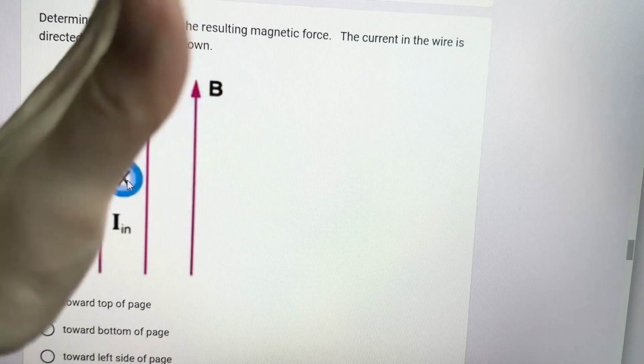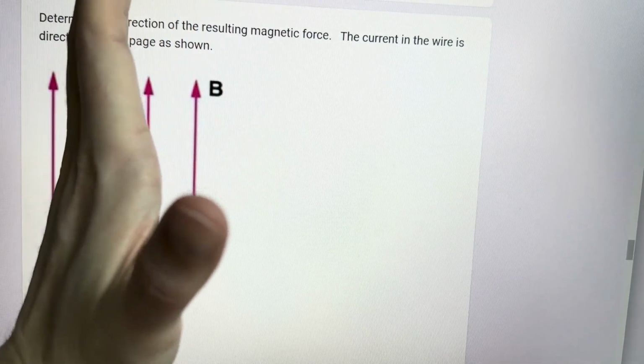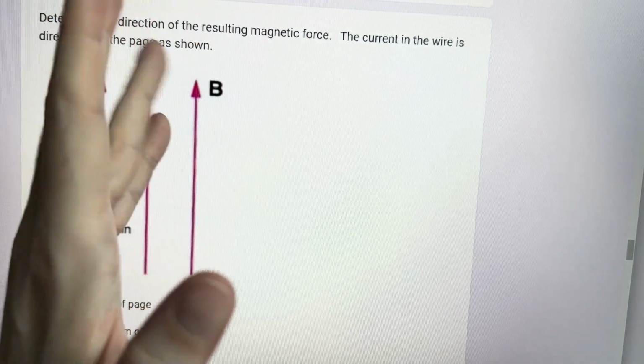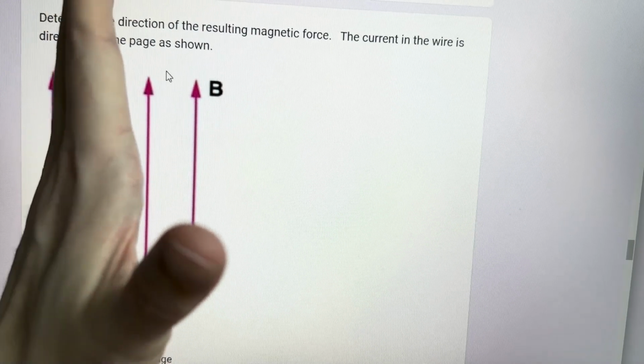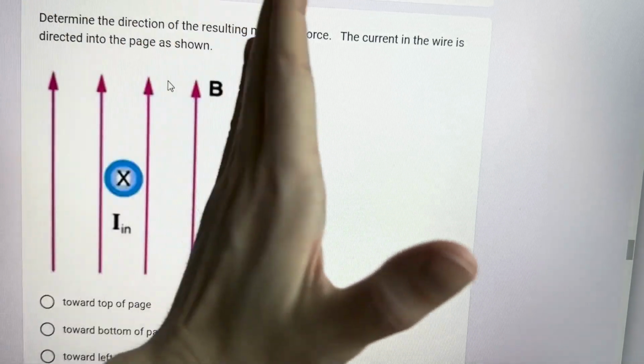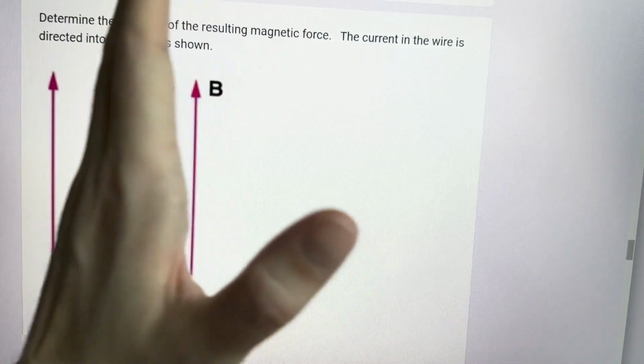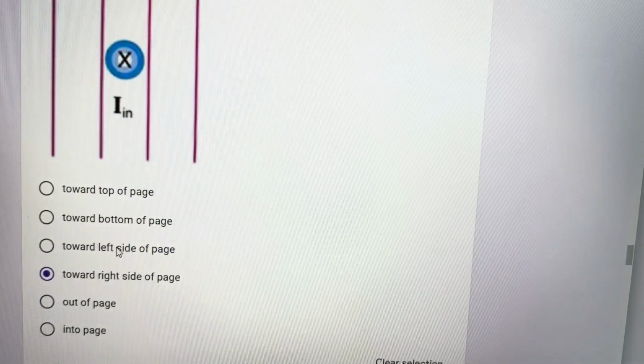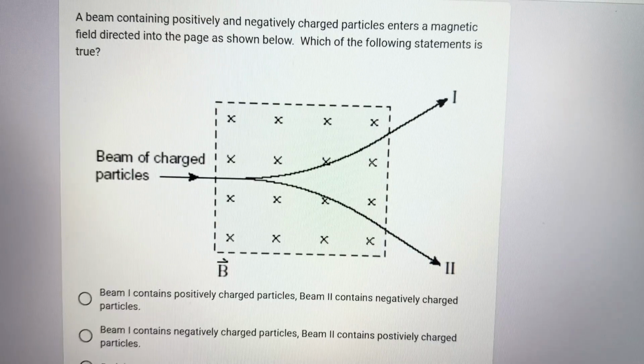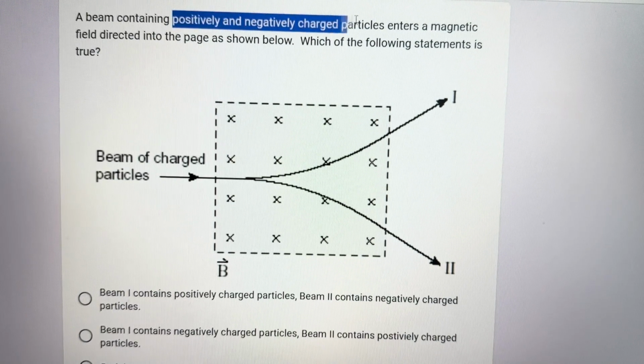Coming towards us. So if I take my left thumb now and point it towards me, take my left fingers and point them in the direction of the external magnetic field, sure enough, same result, a force towards the right side of the page.